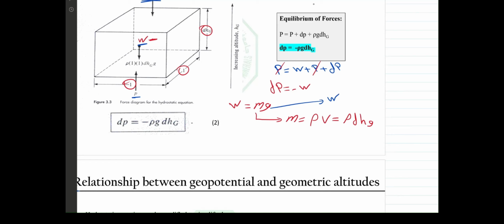So W equals rho g dHg. Now let's plug this back into the equation. This results in dP equals negative rho g dHg.